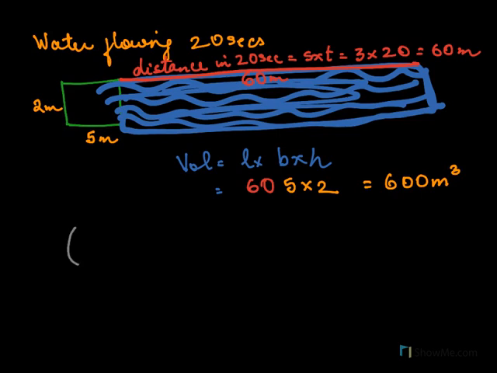So here I have like a cylindrical canal, and I will say the radius of this cylindrical canal is say 2 meters, and the water is now flowing out of it at a speed of, let's say, 5 meter per second. Now I want to know how much water is going to flow in say 2 seconds.